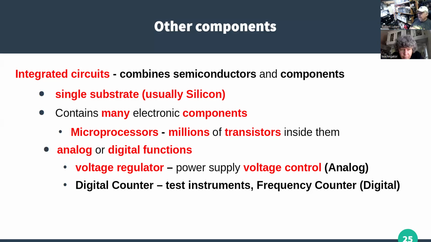It could be a microprocessor in your computer, something as simple as a voltage regulator. They come in all sizes and shapes, and all it means is it's a lot of circuits integrated together in a single package.